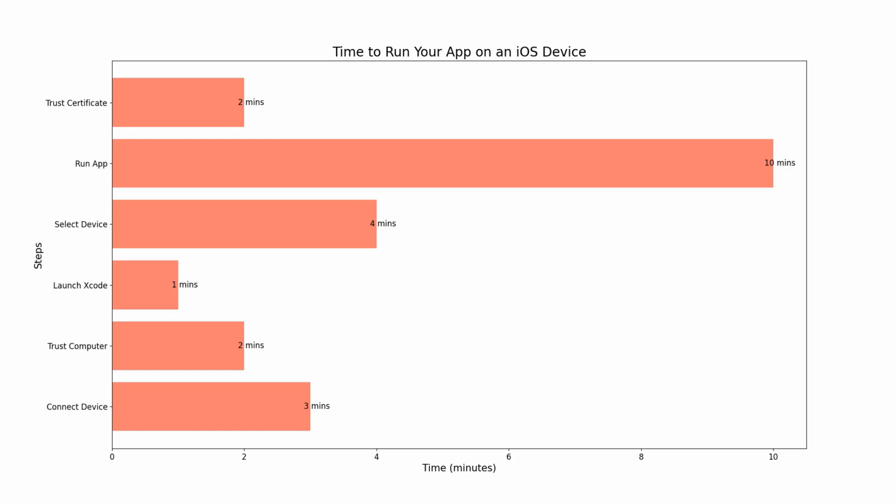These come next in the hierarchy of time consumption, while launch Xcode, being comparatively quick, only takes a minute. Now, if we group the two trust-related steps, trust computer and trust certificate, they total 4 minutes, which actually matches select device on its own.